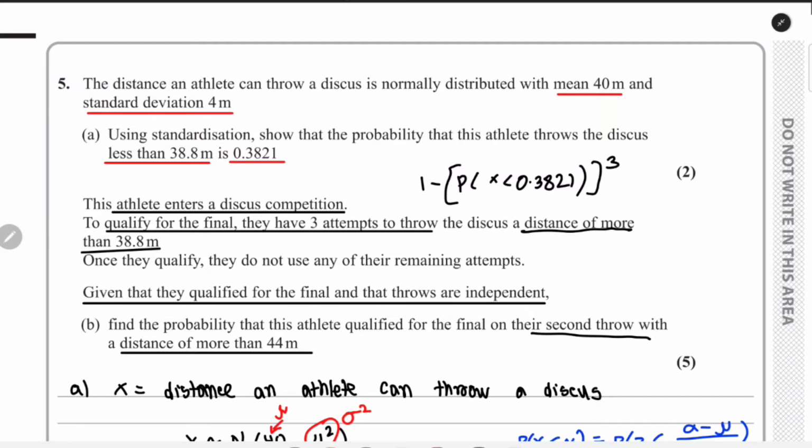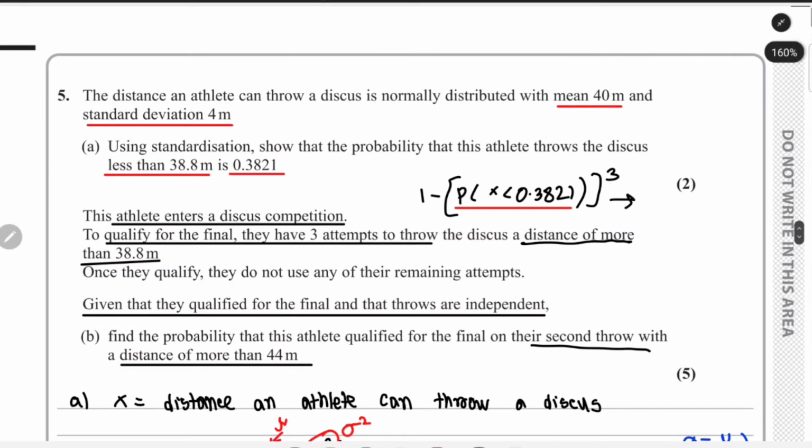So not throwing less than 38.8 three times. Basically, it is equivalent to it being thrown more than 38.8 meters at least once in 3 attempts.